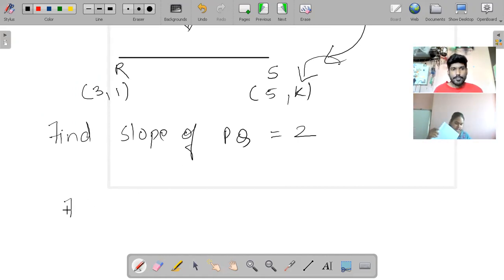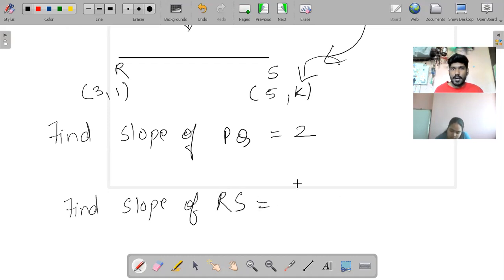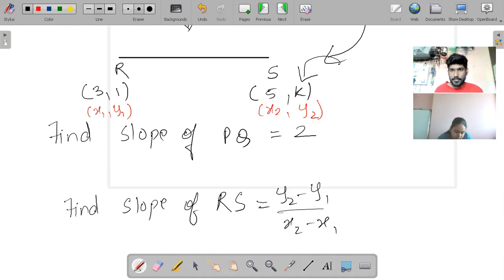Now, we have to find the slope of RS. When you're finding the slope of RS, this will be x1, y1, and this will be my x2, y2. So, slope of RS is y2 minus y1 upon x2 minus x1.